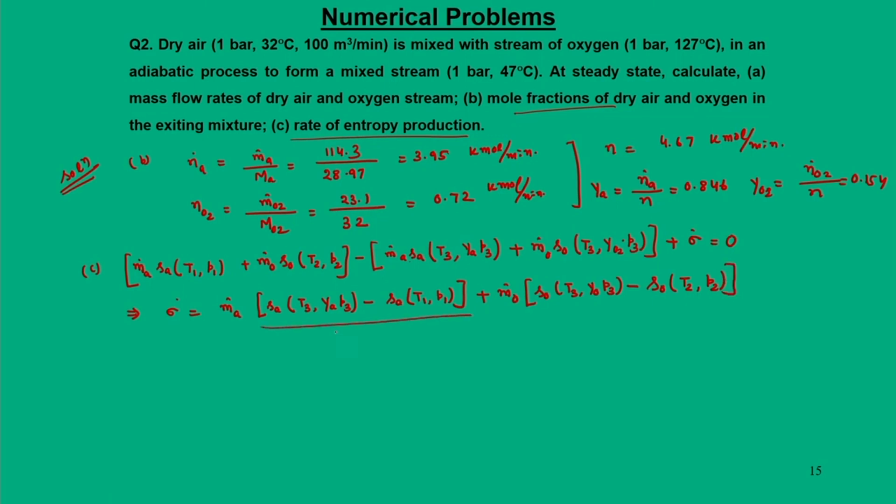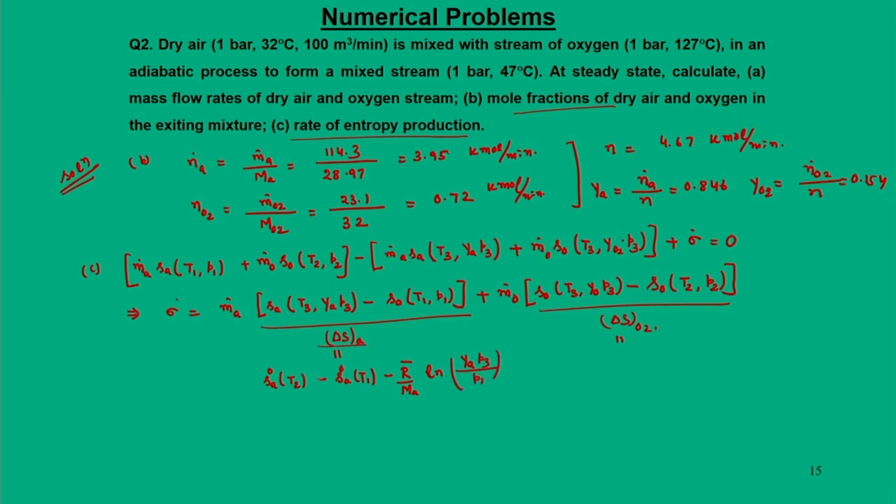This is nothing but delta S for air, and this is delta S for oxygen, and the property values need to be evaluated. Term 1 is equal to the absolute entropy of air at T3 minus the absolute value of air at T1, minus R bar by MA into ln(YA P3 by P1).